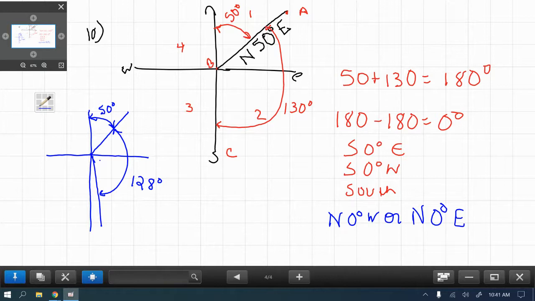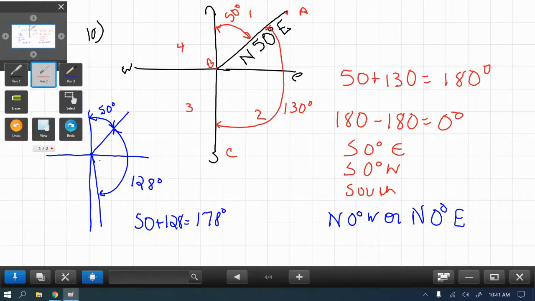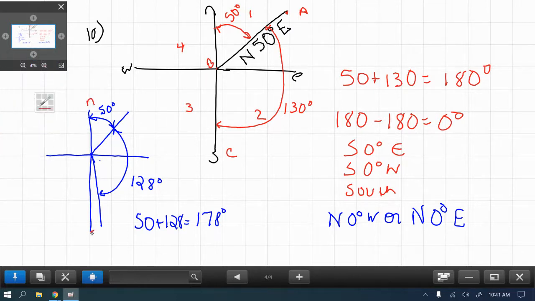Add the two together, and I'd probably get 178, and I want to know a bearing. So when I knew that, I knew it didn't quite go past the 180 line, so I know it's in that southeast quadrant.